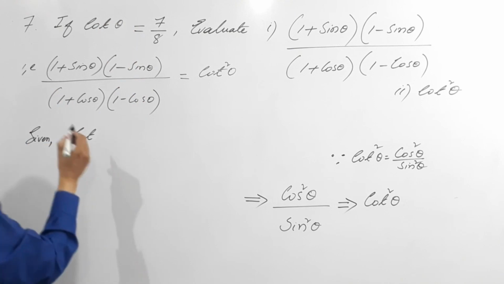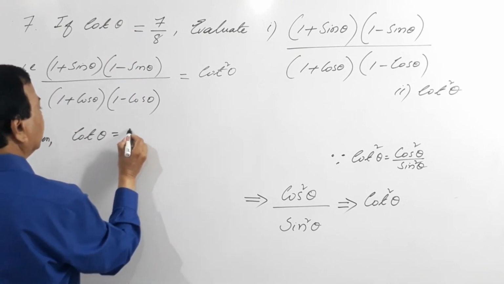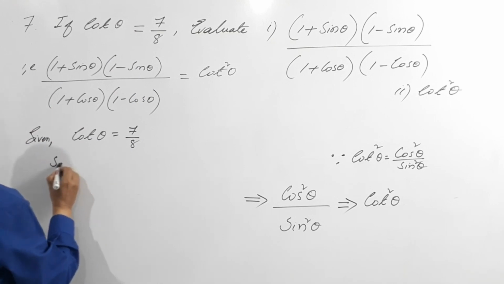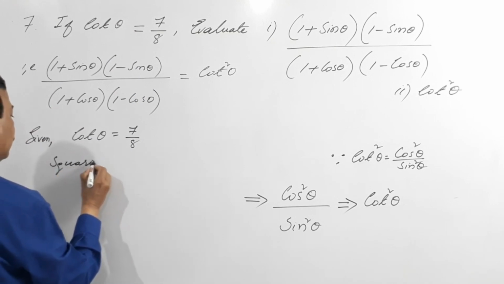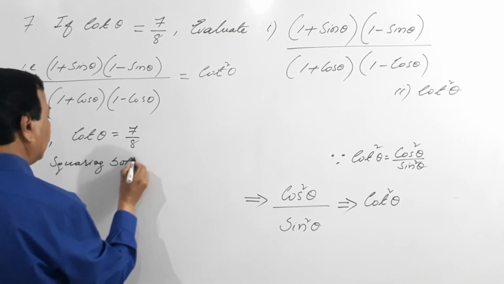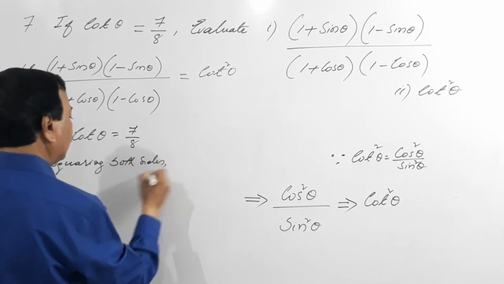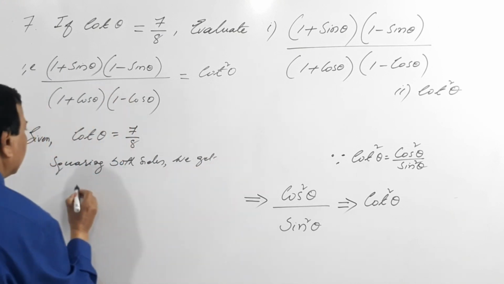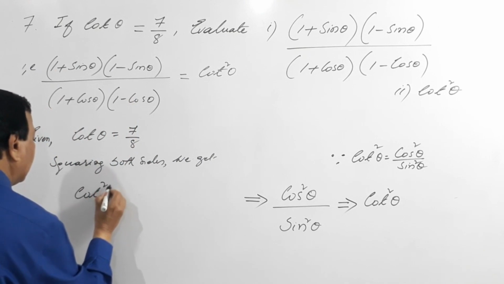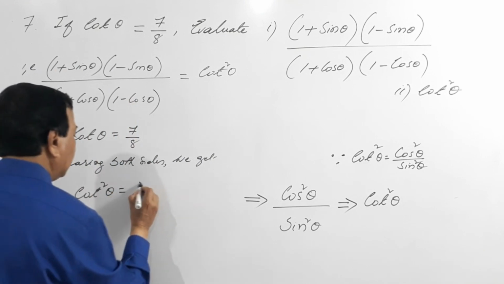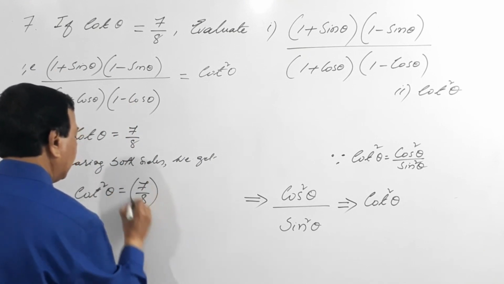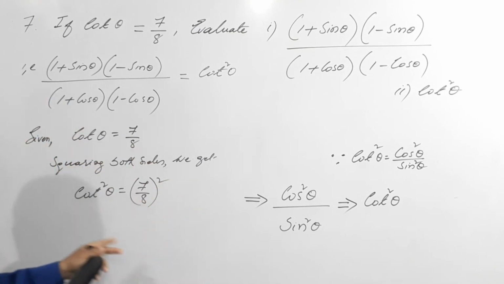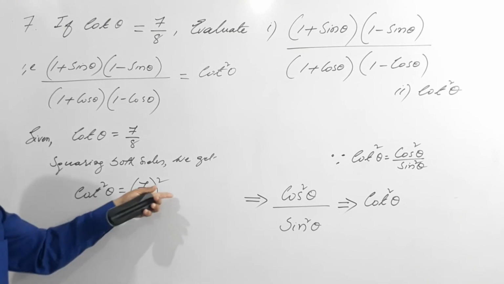Given cot theta is equal to 7/8, squaring both sides we get cot square theta equals 7/8 the whole square.